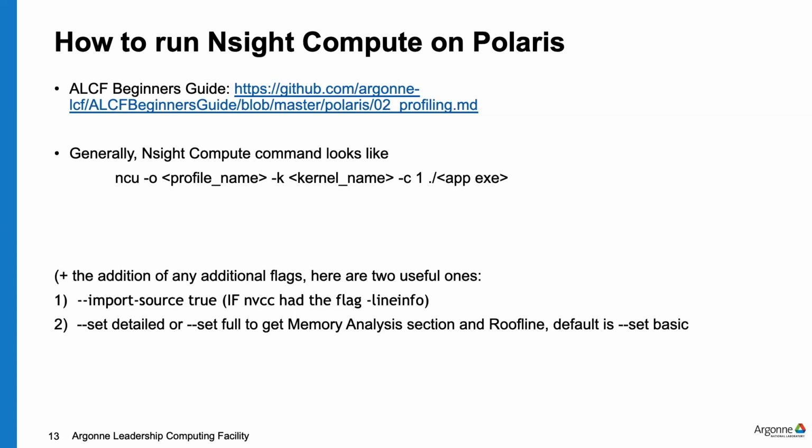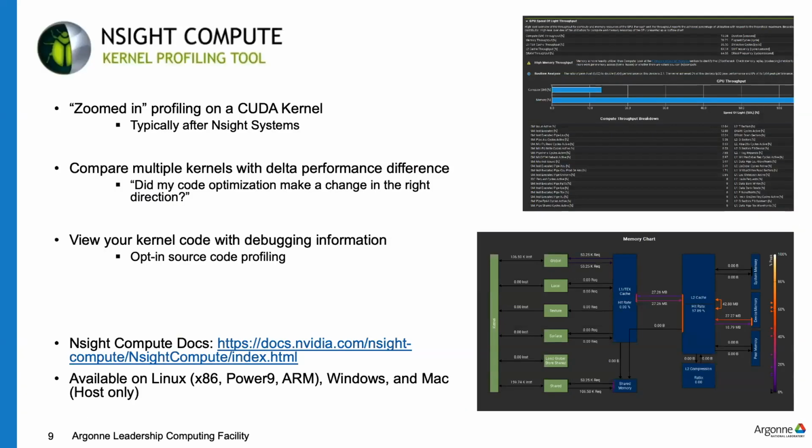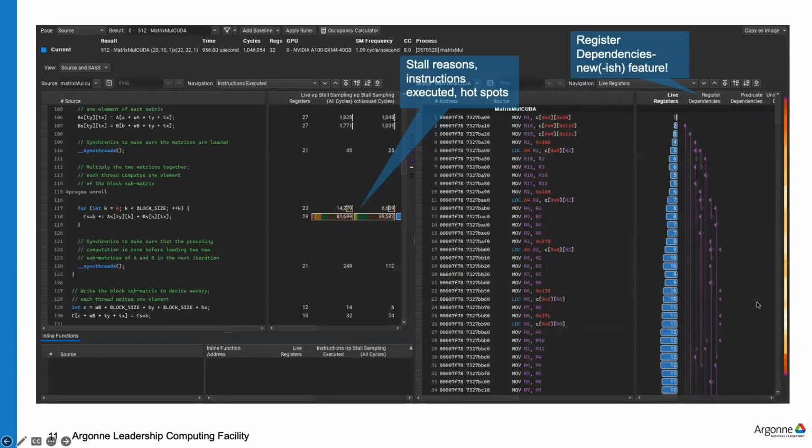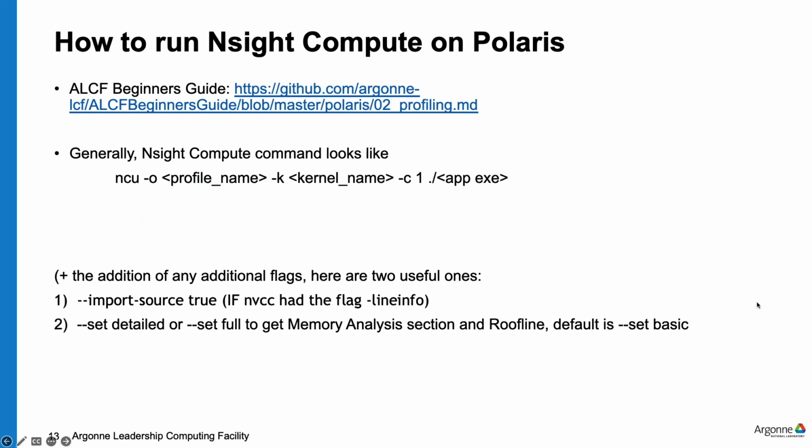And then you can also adjust how much the profiler is going to show you with whatever set you want, --set detailed or --set full for that memory analysis section shown here, which is a view of the device, with all memory flows at least through L2, and if you want to go into device or system, you'll see a heat map. If you want that and roofline, you have to use --set detailed or full, I forget which one. The default is --set basic.